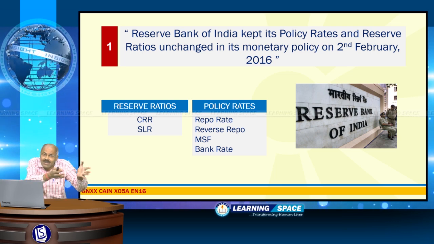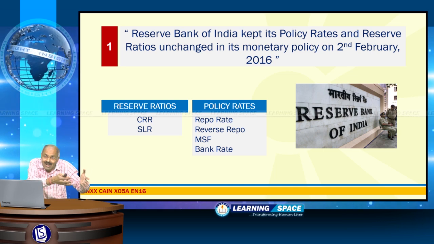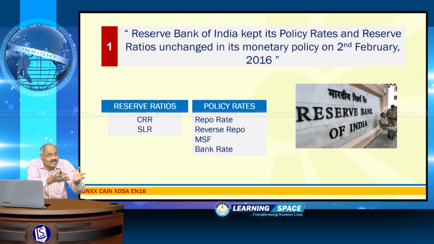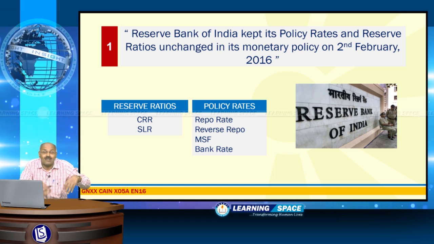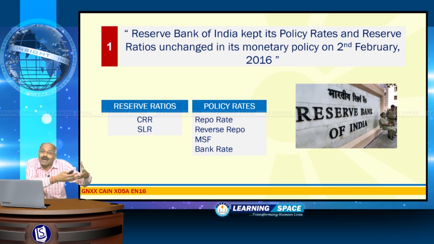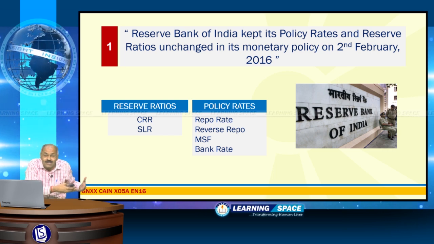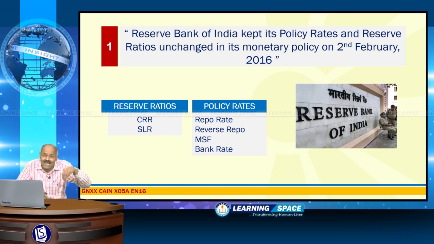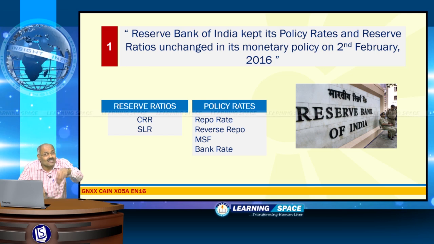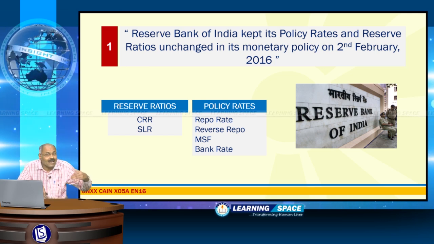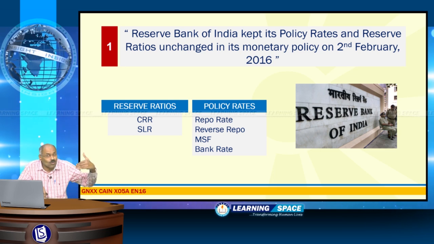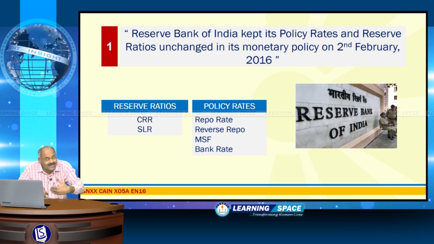And here all of you are well aware, CRR and SLR. CRR is cash reserve ratio, where the banks are expected to keep certain percentage of money in cash form. Statutory liquidity ratio is the ratio where the banks are expected to keep certain money in either cash form or in gold form or in government securities.